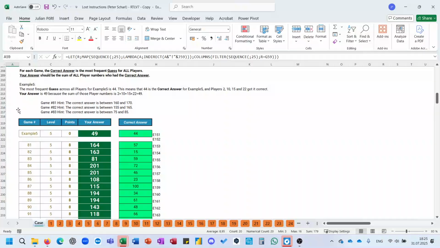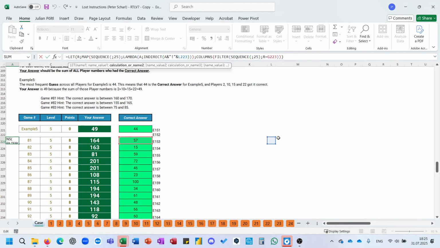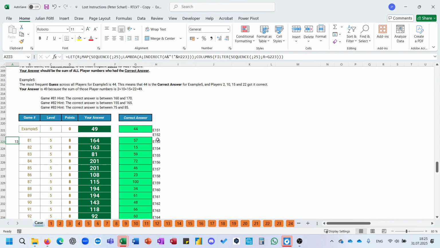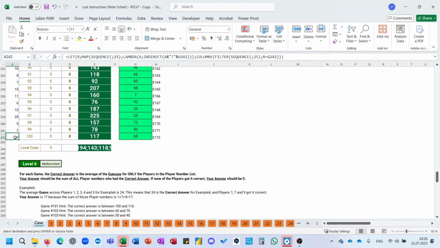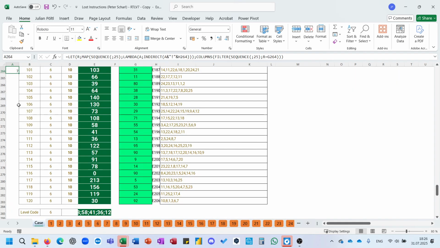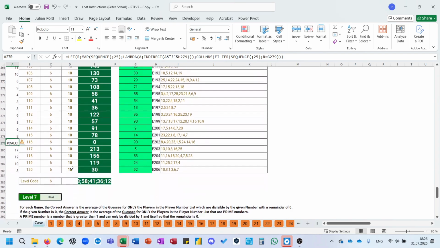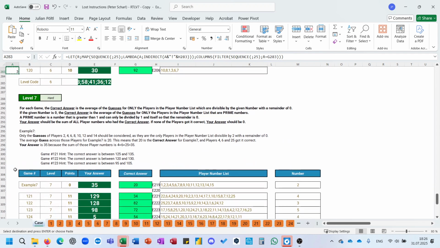Because I have the formula ready, I only need to adjust it appropriately. No one got this answer? Yes. Okay, 0, a manual adjustment.